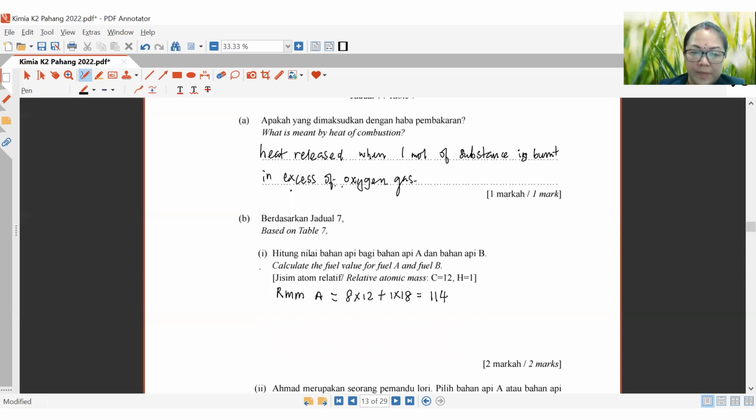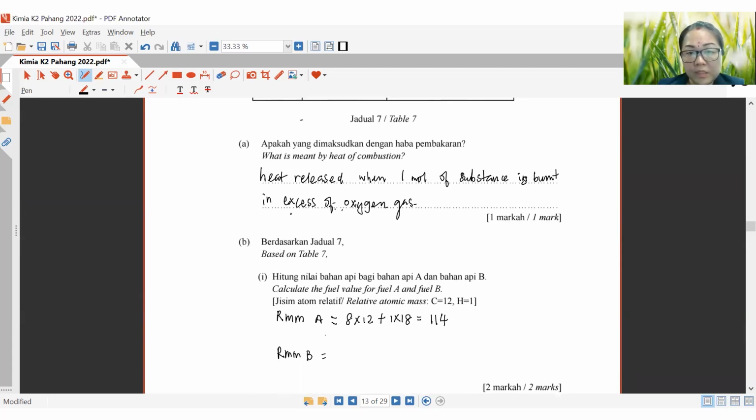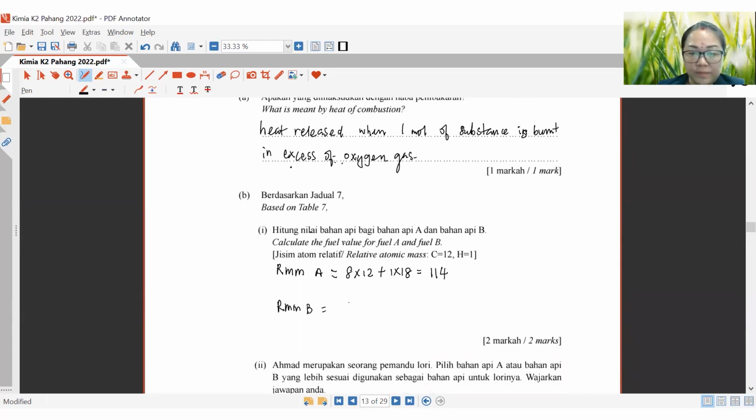Whereas for B, the RMM of C12H23 is 12 times 12 plus 1 times 23, which is 167.